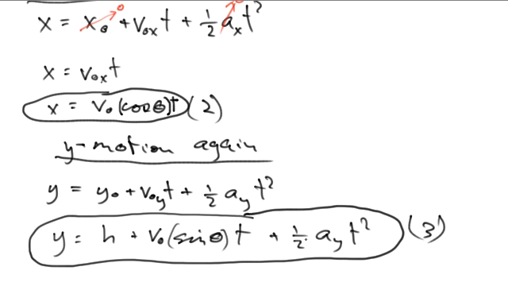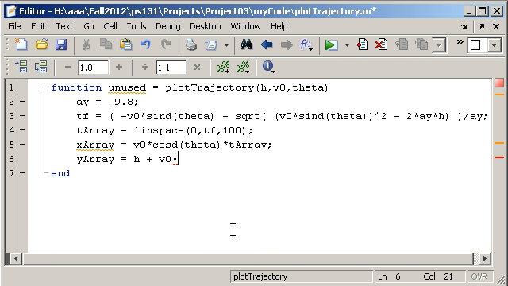V0 sine of theta times t, and then plus 1/2 a sub yt squared. Sine d of theta times t, and then plus 0.5 times a sub y times t to the 2 power.